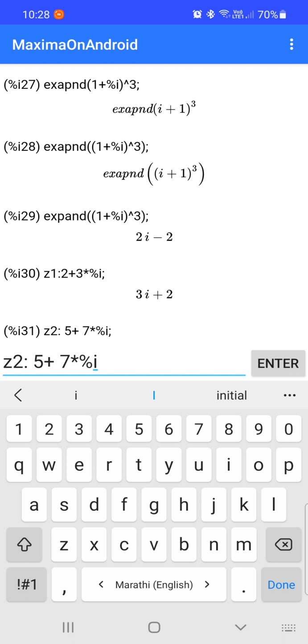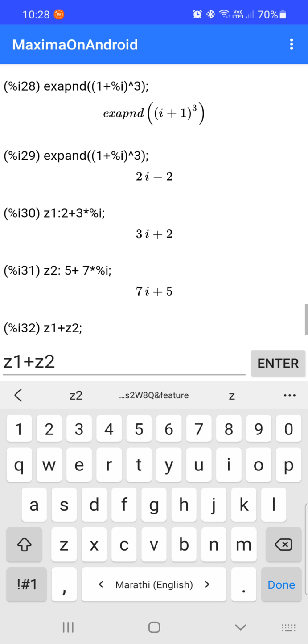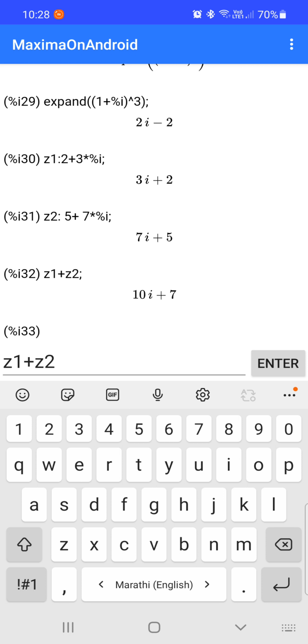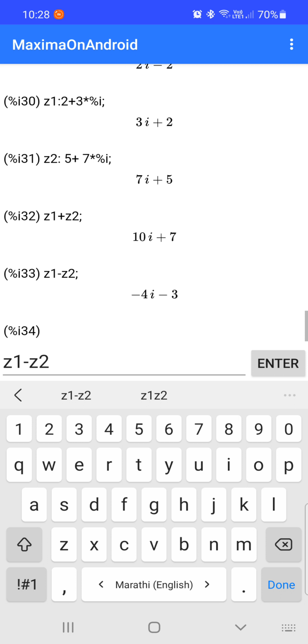Then the addition of the given complex numbers z1 plus z2 is equal to the addition of real parts and imaginary parts. So this is 10i plus 7, and the subtraction z1 minus z2 is equal to minus 4i minus 3.